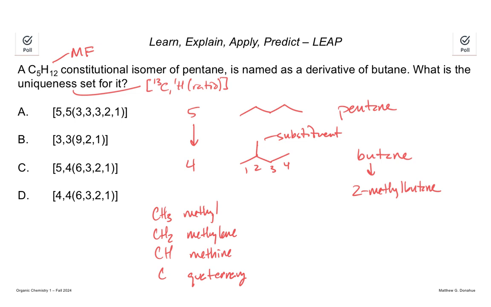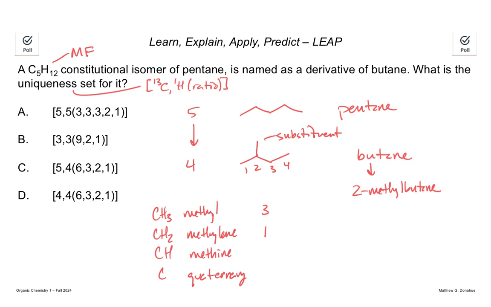In 2-methyl butane, how many total methyl groups are there? So we have 3. So 1, 2, 3. How many CH2 groups, methylene? 1.